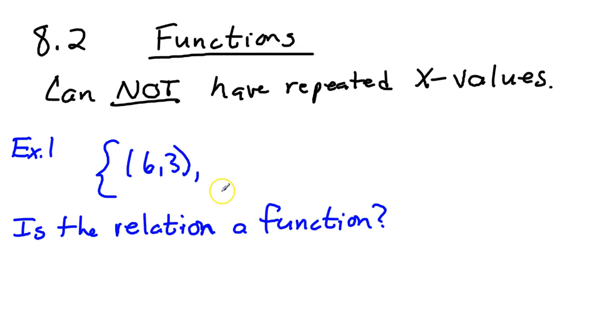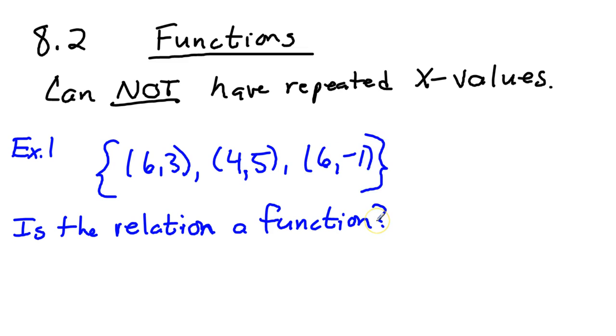And it doesn't have to be a long list. We'll do 3 ordered pairs here. There we go. So we've got 6, 3, 4, 5, and 6, -1.